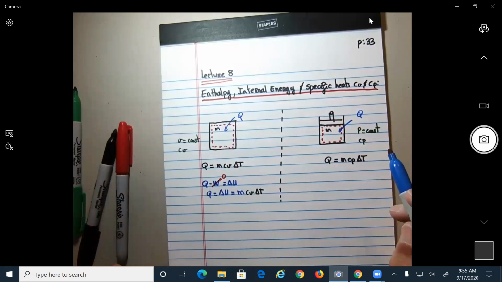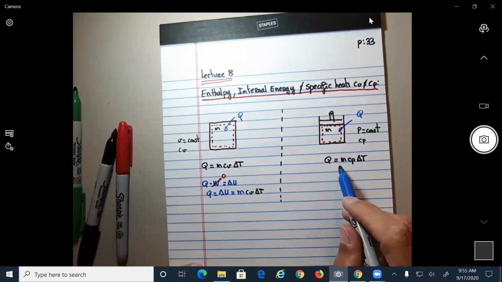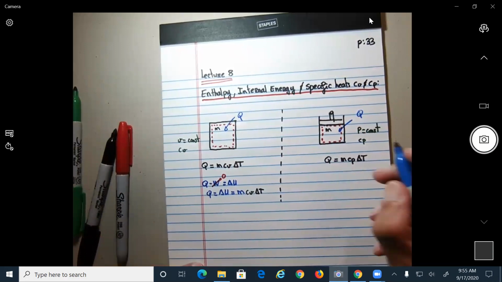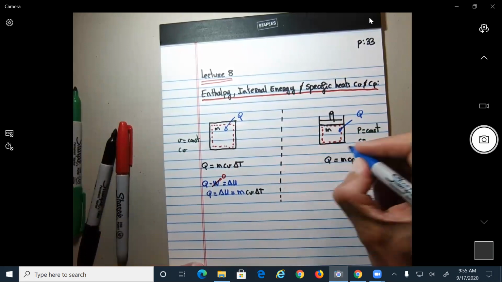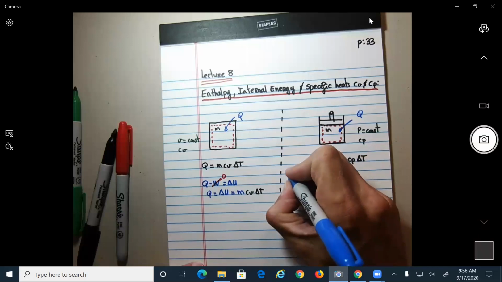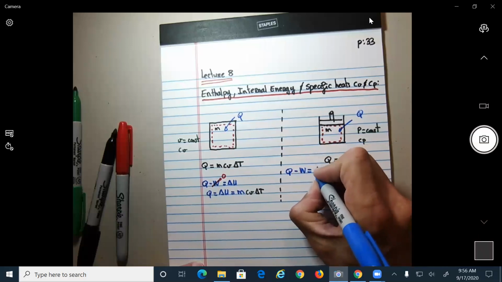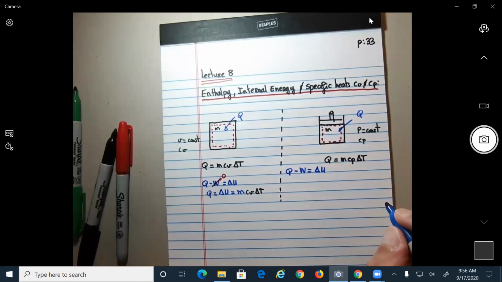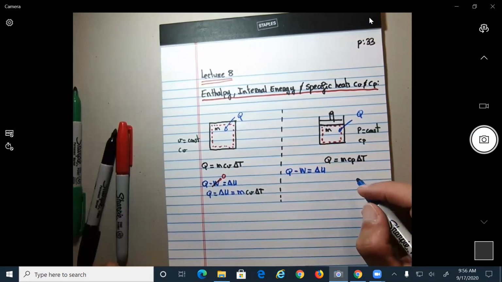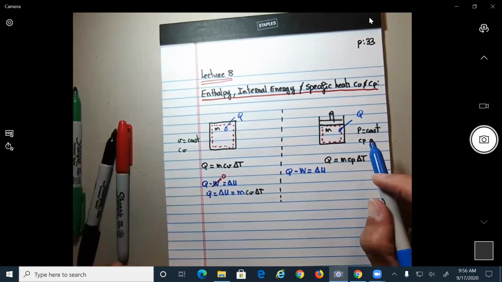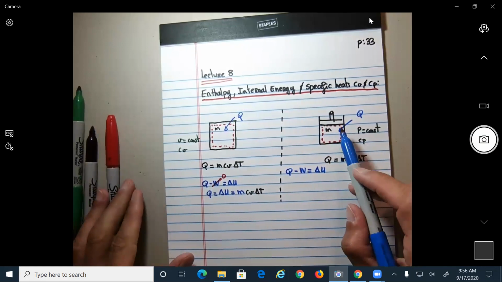Okay, so now you're going to see the difference with this one. So this is the important part. If we do the same thing, here we start from the first law of thermodynamics. Let me start over here. Q minus work equal to the change in internal energy, okay? Neglecting kinetic and potential energy. So now, is there any work done over here?